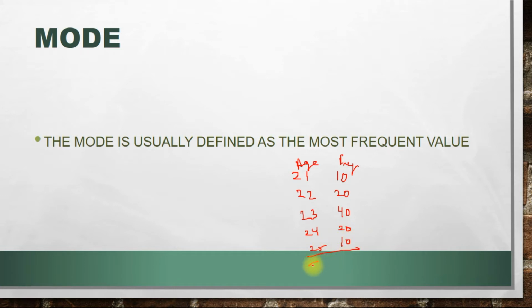So there are a total of 100 students in the class. Here the maximum frequency is 40, so the mode is 23 because the majority of the students are 23 years old. That is why the mode for this data set is 23.